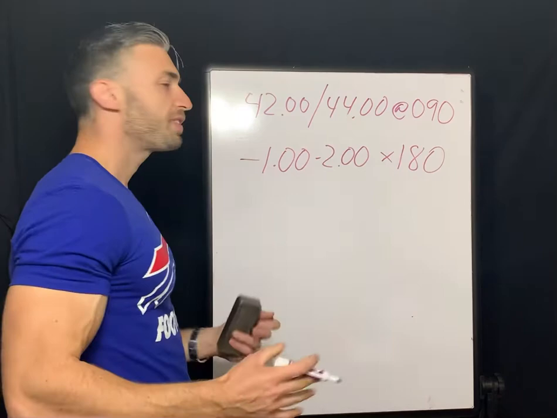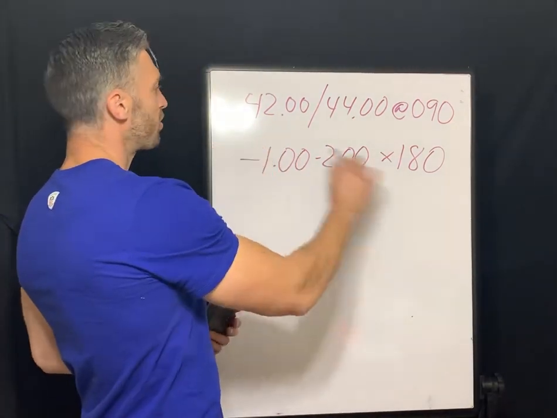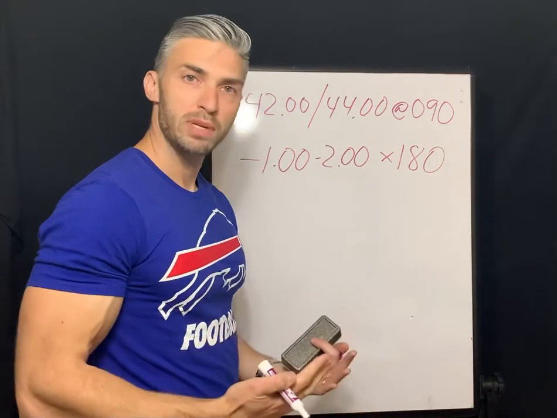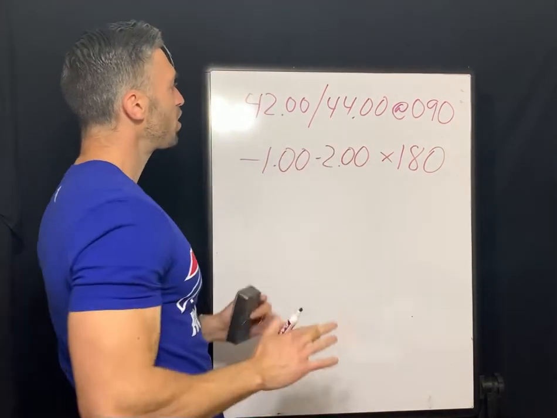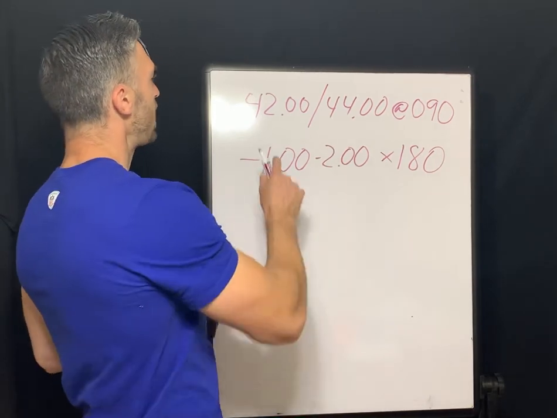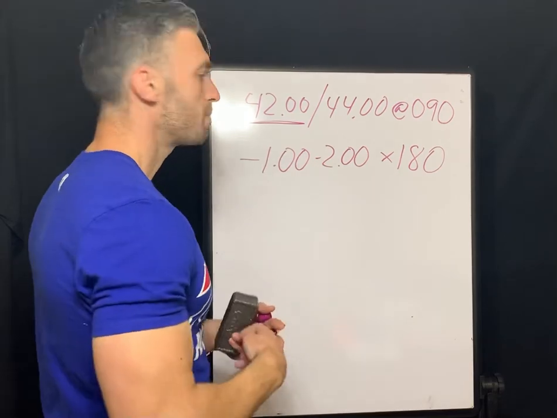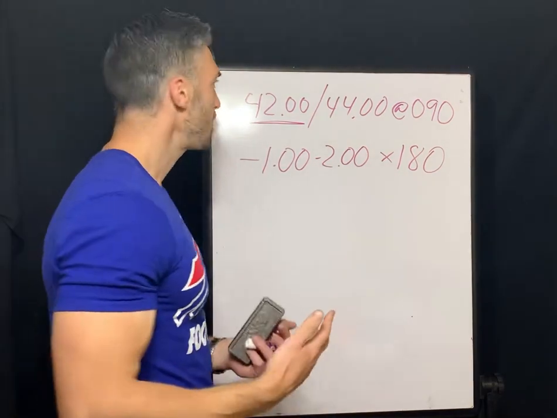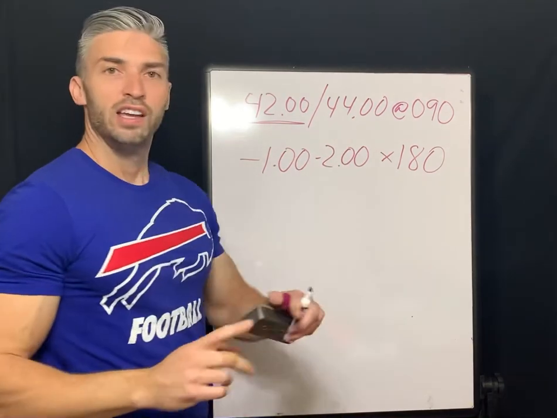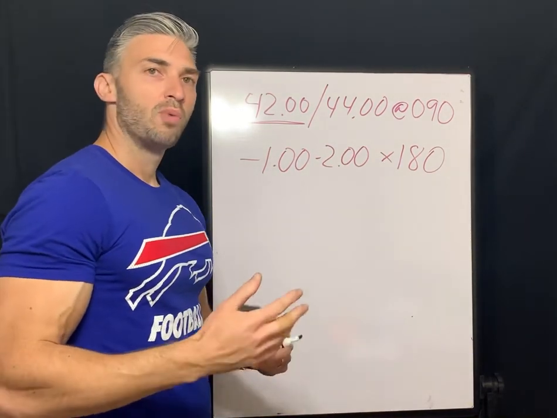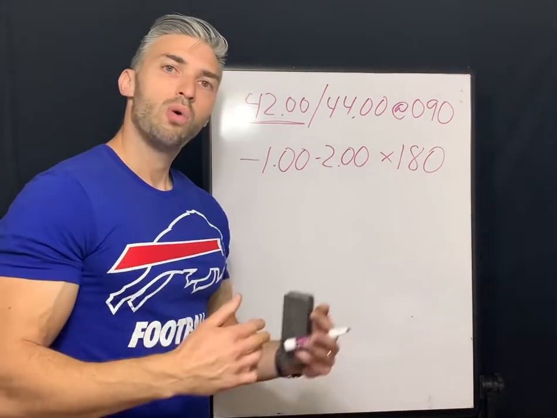There are a number of things we want to identify with this. Let's work through it, and some teachable moments will come out of this. So 42/44. First we see that our flatter K is this 42, because when you're talking about a corneal dioptric strength, a K reading, the lower the number, the flatter. Conversely, with a radius of curvature like 8.3 versus 8.7, the lower the number, the steeper.